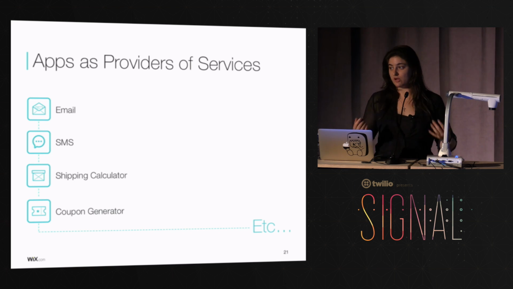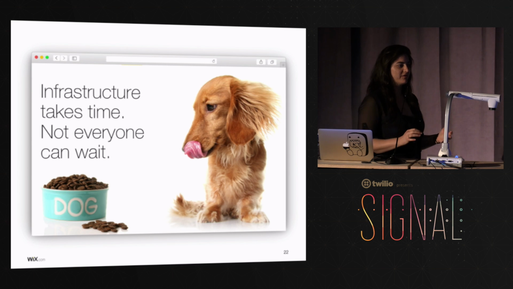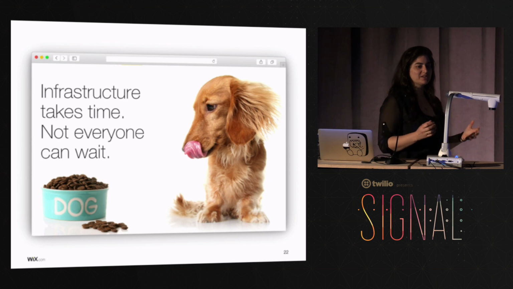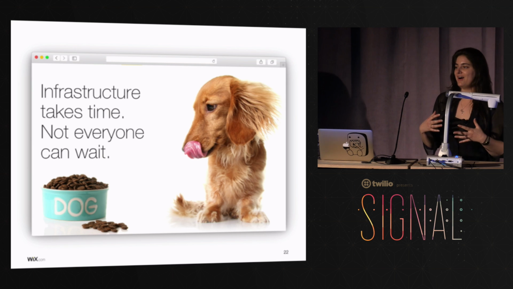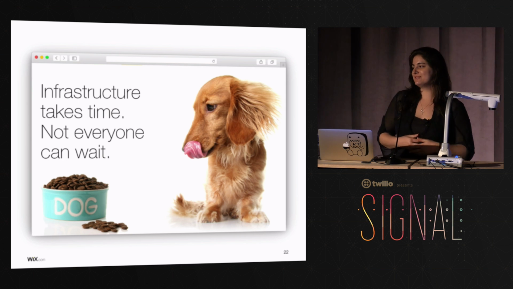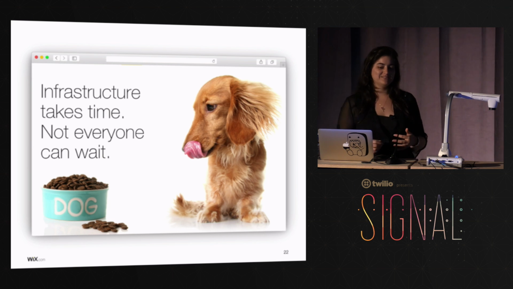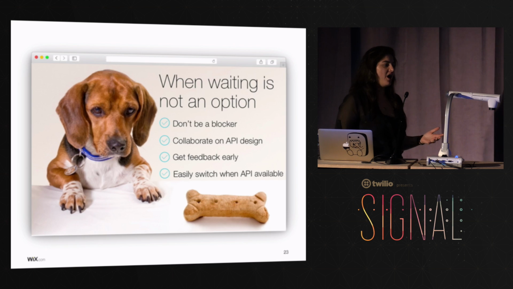But, because there's always a but, not everyone can wait for infrastructure. Not everyone can wait for us to get the resources and move our SDK and our APIs forward. So what we do in that case is we don't block.